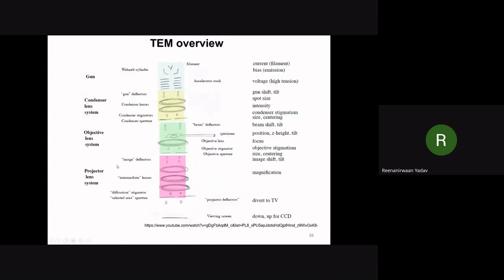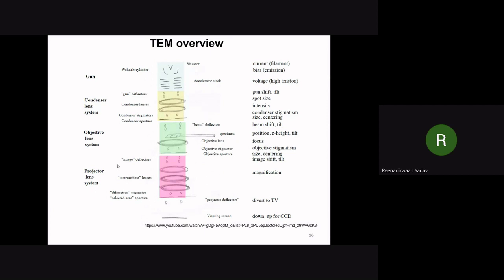If we take an overview of the column, at the top of the instrument we have the filament, which is used to generate the coherent beam. Below that we have the Wehnelt chamber, which shapes the beam emerging from the filament. Now the accelerating stack is used to accelerate our electrons.